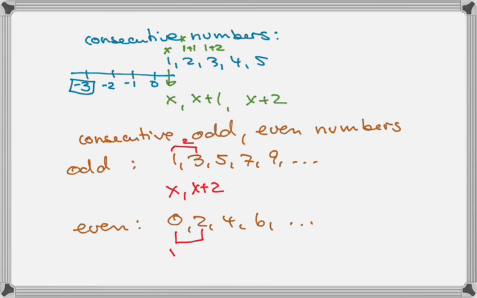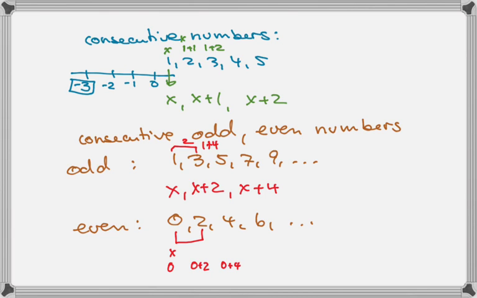If 0 is x, then that would be 0 plus 2, 0 plus 4. So the third value in algebraic terms would be x plus 4, because we always go back to the first one. 1 plus 4 is 5. So x plus 4. Here we go.